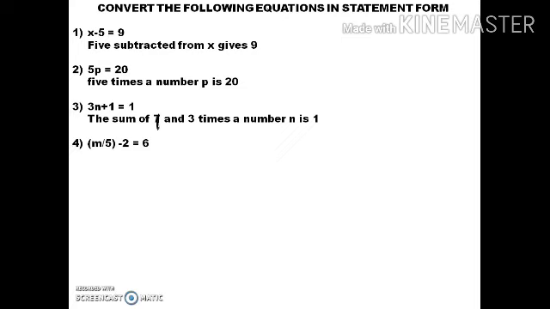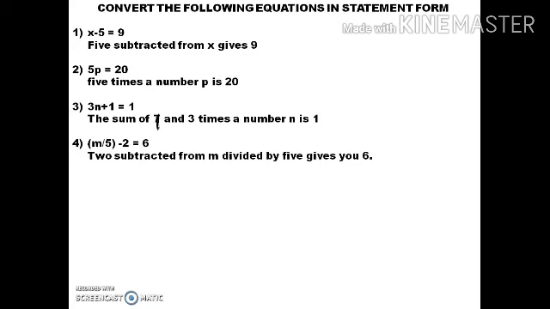Now, how will you write this? 2 subtracted from 1/5 of a number m, or you can write it simply as 2 subtracted from m divided by 5 gives you 6.